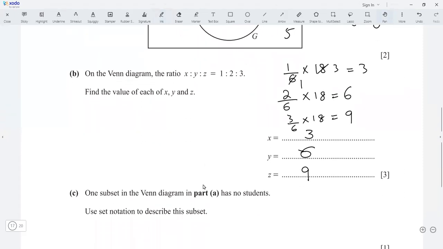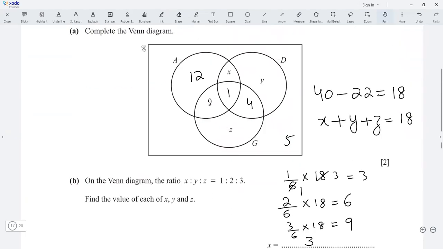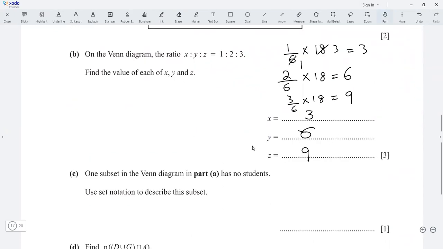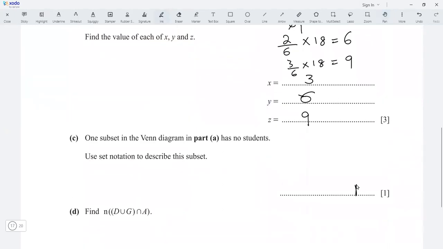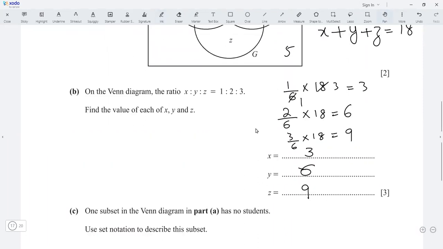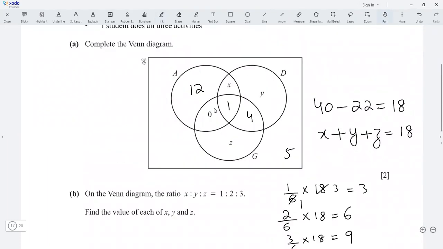Next, one region in the Venn diagram in part A has no students. You have to tell the set notation for that region, which is not representing any of the scenarios. That's 0. You can see 0 is not part of the dancing activity, so we can write the complement of D because it's not involved in D. D complement is the complete region outside that circle.